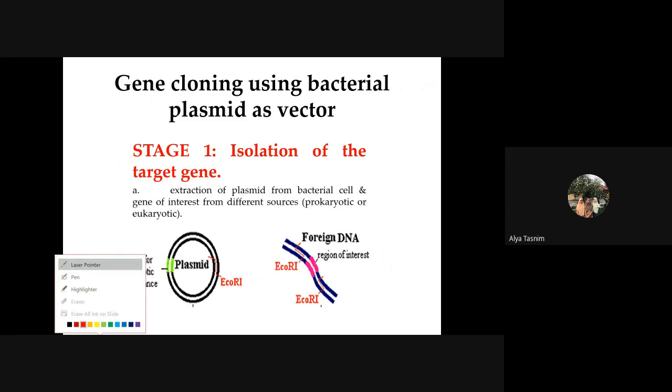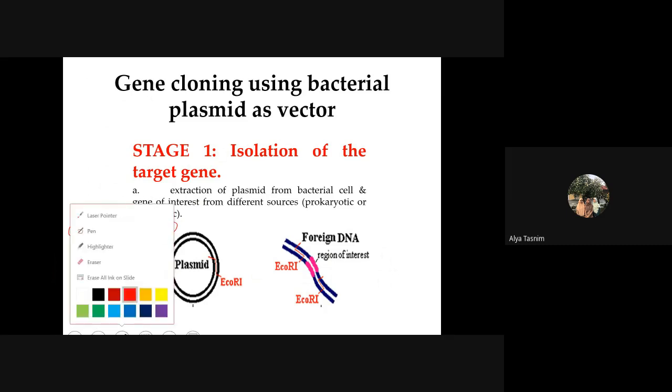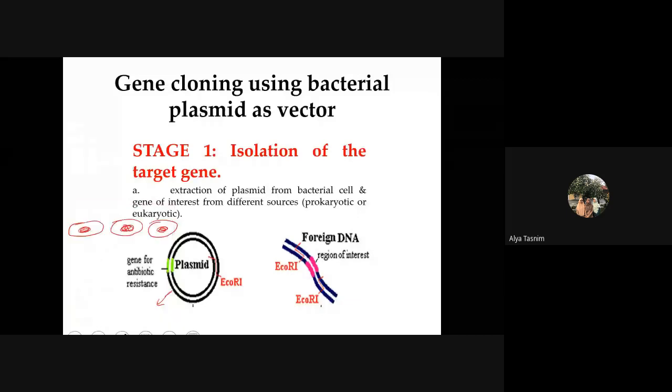Isolation. So yang first ni, yang untuk ini kan, dia asalnya daripada E. coli. Yang saya draw balik, so dia ada nucleoid region that has the chromosome of the bacteria in the nucleoid region and also the plasmid.